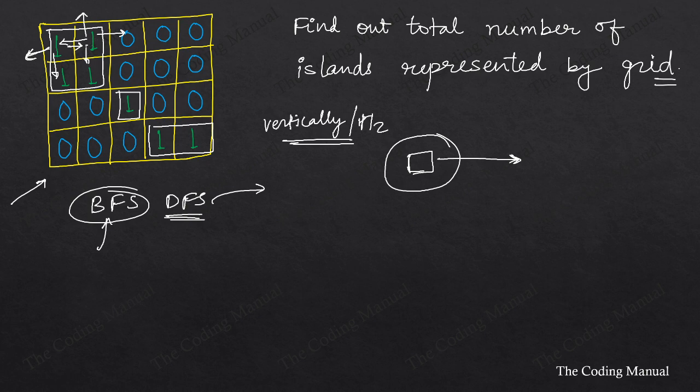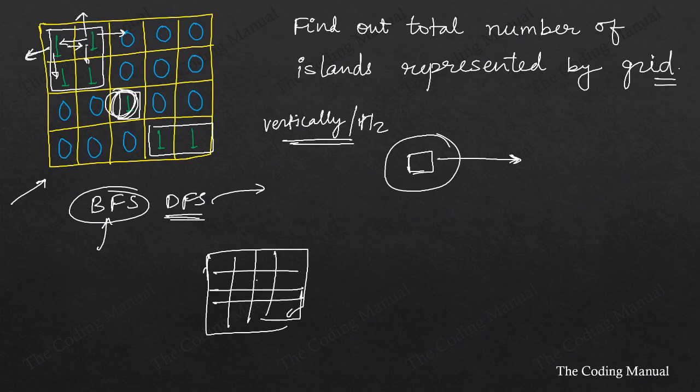One simple trick to use here is, when you are at a particular index, a particular grid cell, when you traverse that, just make it something else so that you don't end up in a cycle. Just like, what I want to say is, suppose I'm at this point, and one is here, one is here.